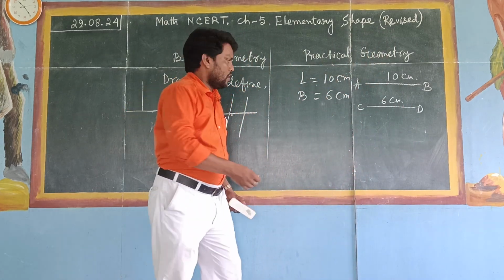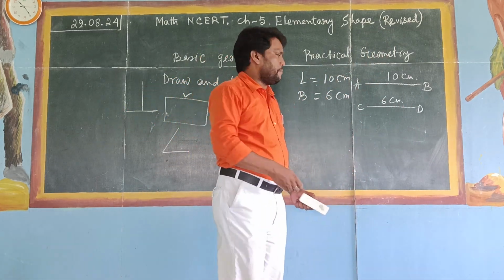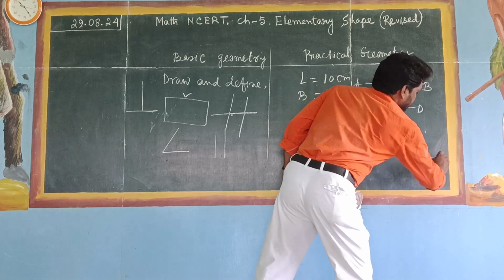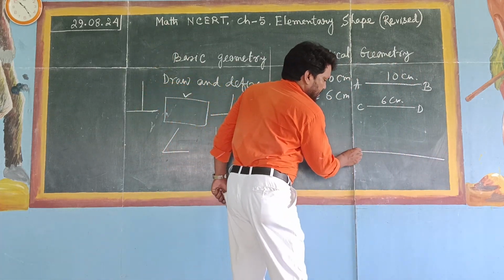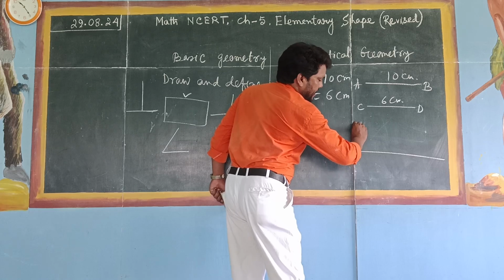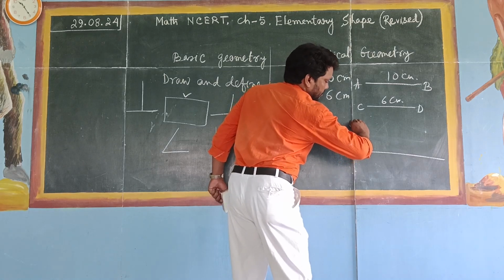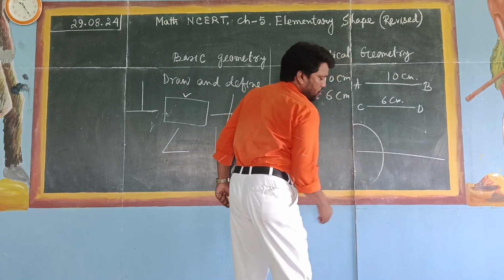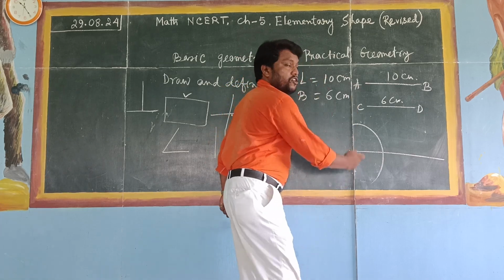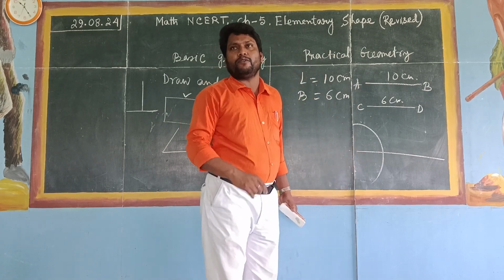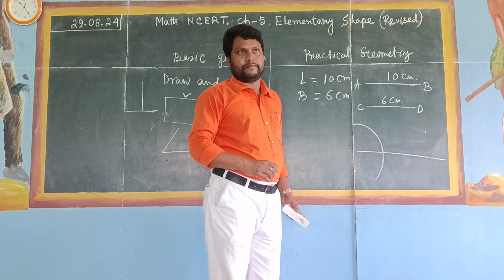Next, the process with the pencil compass. At first draw a line with the pencil compass. Take any radius and draw an arc. That means at first you have to draw a perpendicular line, that means a 90-degree angle.